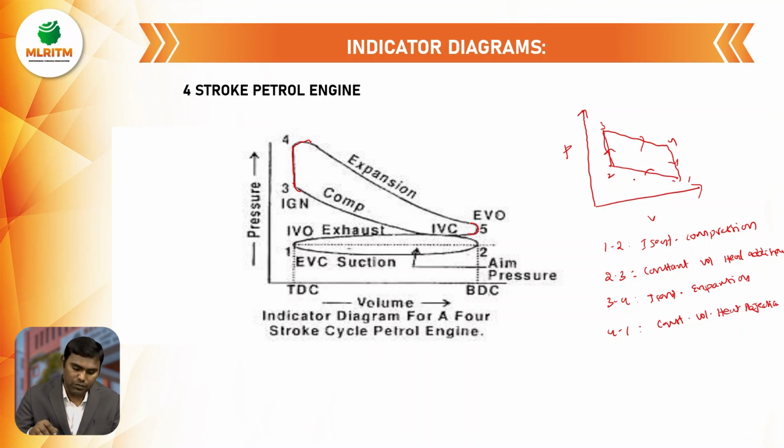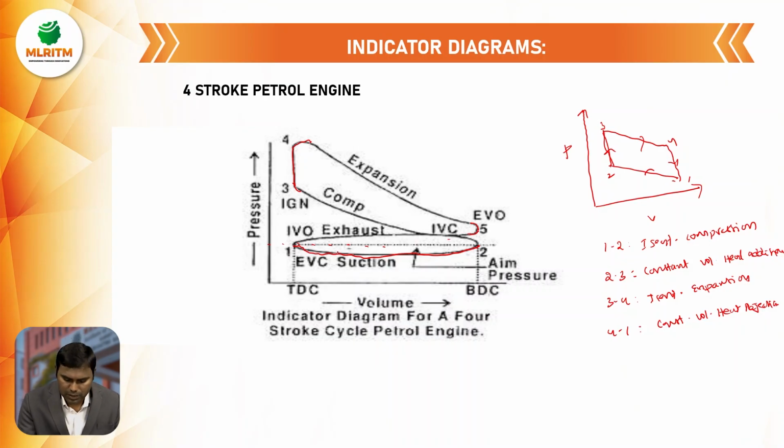But as per the actual analysis, these corners are not sharp edges; they are rounded off. In an actual diagram, this is the suction stroke. In the suction stroke, this is the pressure line, the atmospheric pressure line, and the pressure is less than atmospheric.